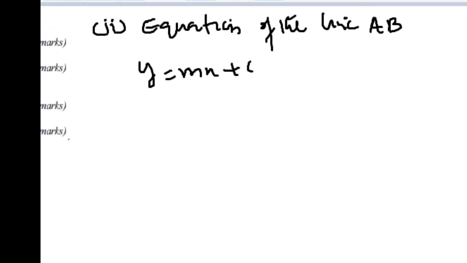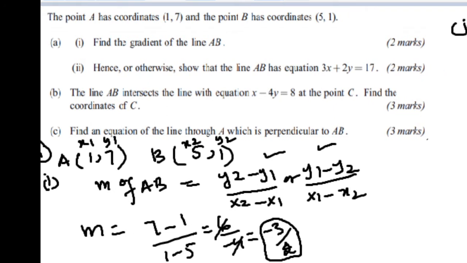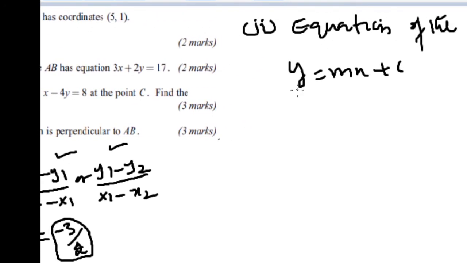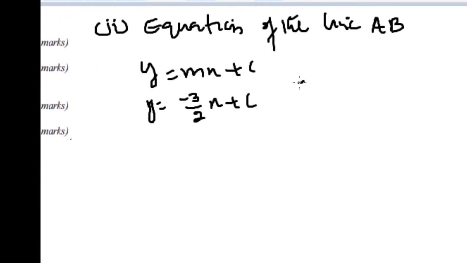Already we have the value of m for AB. So put in the value of m here, y is equal to minus 3 over 2x plus c. How to find c? They say equation of line AB. This is point A and that is point B. You input here any point, A or B.